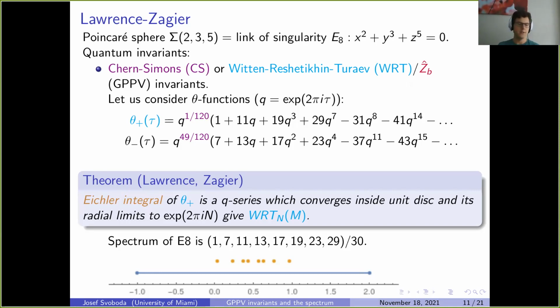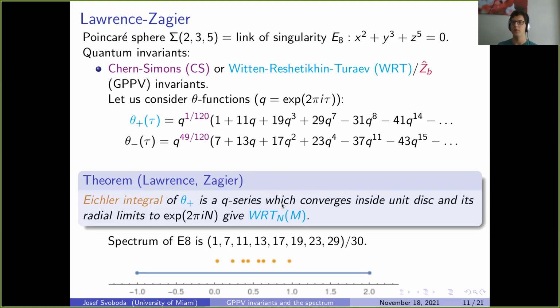So this is one question which is now very well studied: how to find these Q series which recover Witten-Reshetikhin-Turaev. And then there is this question which is, I think, in a sense much more tricky, and this is the question if we can find a vector valued modular form such that these Z B invariants are components of this modular form.